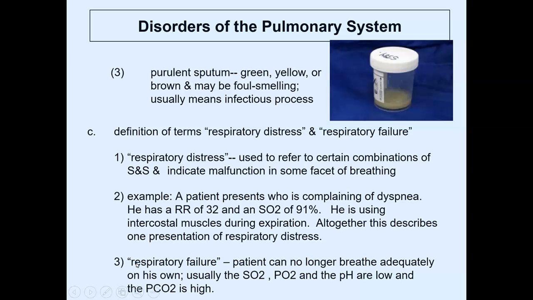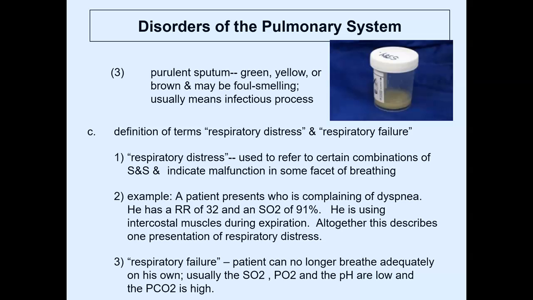In other words, if you think of the pulmonary system as in control of the pH, the CO2 level, and the O2 level, when all three of these or two of these are abnormally valued, then your patient has failure of the pulmonary or respiratory system to do its job, and that's when respiratory failure is identified.